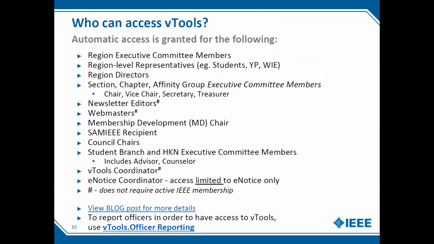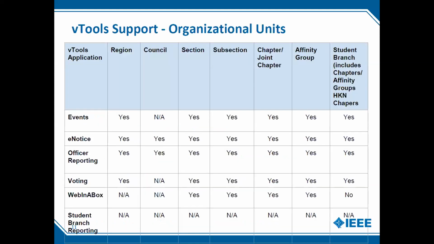When you sign into vTools, we always try to recognize who you are and give you a user experience that says, you don't have to really search too much for your chapter. We're going to provide you with a list of organizations that you can interact with and provide content. So this is a list. More information is on the blog. And again, report your officers.